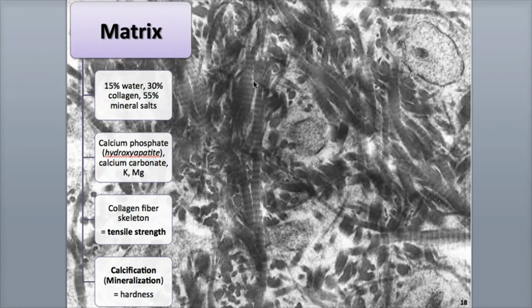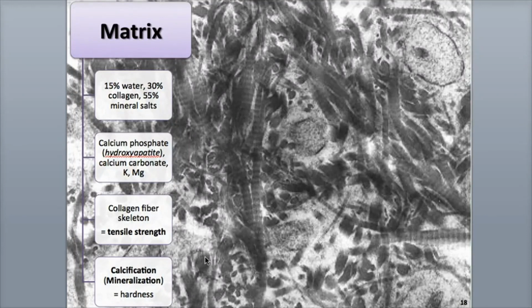The collagen fibers, seen here in this micrograph as these long strand-like filaments, form sort of an internal architecture of the extracellular matrix, similar to the framework of a house. They, as well as the spaces in between the fibers, serve as the deposition sites for all of these various mineral salts.